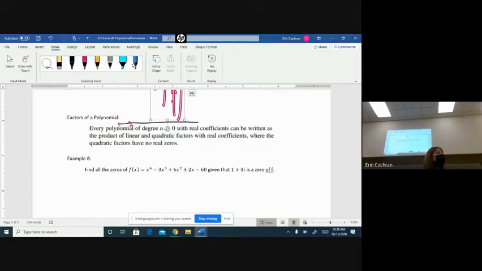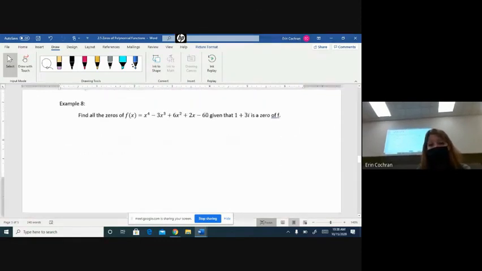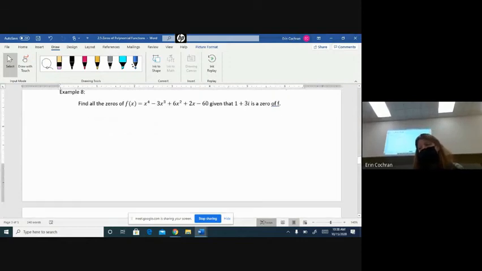Yep, to make sure we can get more factors of it, okay? So find all zeros of f of x equals x to the fourth minus 3x cubed plus 6x squared plus 2x minus 60. Given that 1 plus 3i is a 0 of f of x.